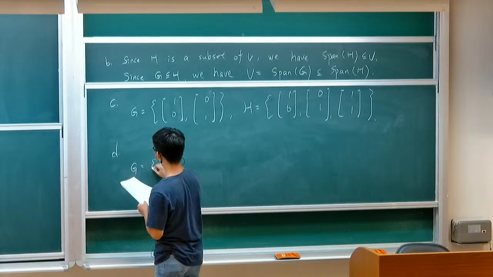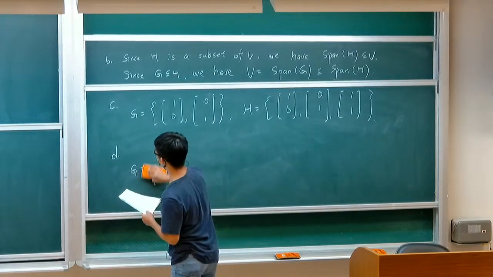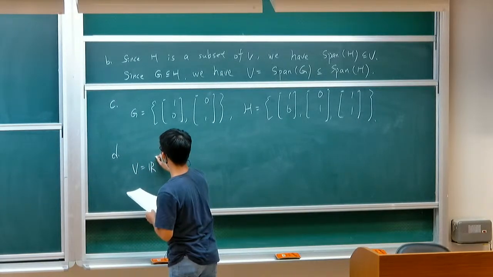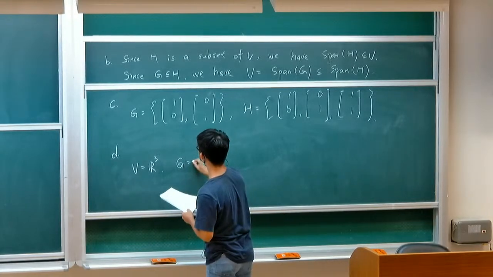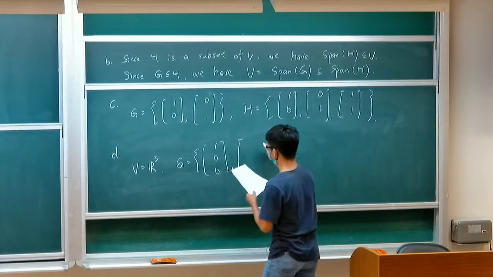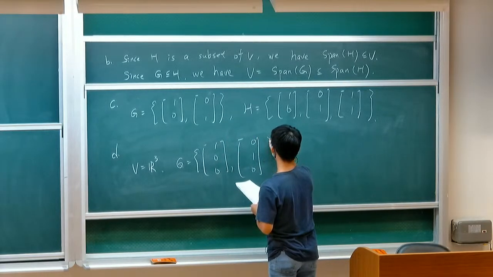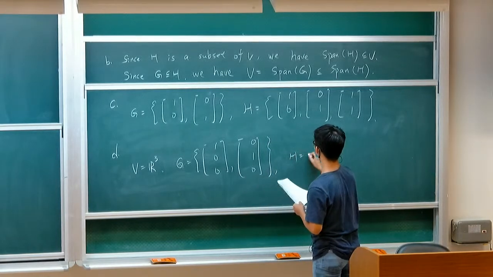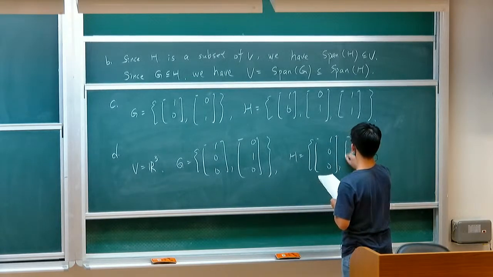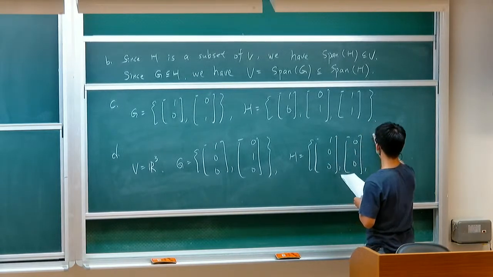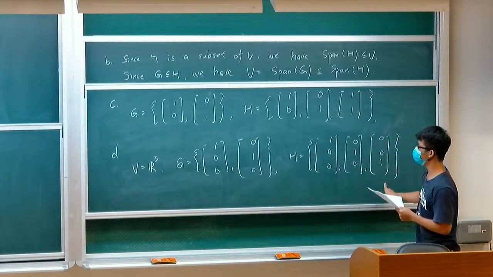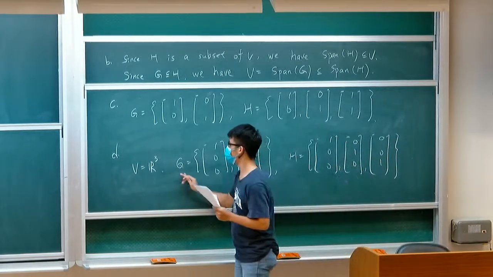And part D, we let the vector space V be R3. If we let G equal (1, 0, 0), (0, 1, 0), and we let H equal a larger set, then span of H is V, but span of G is not V.